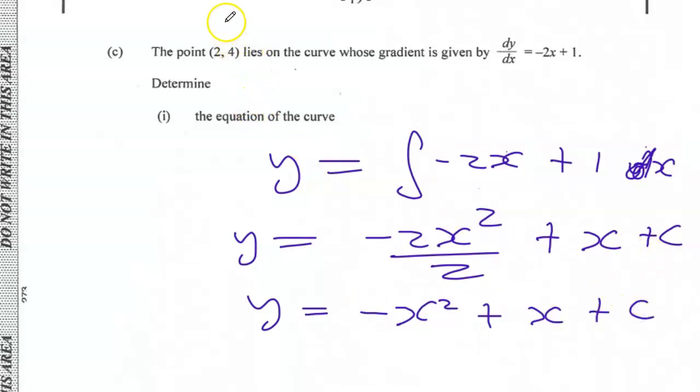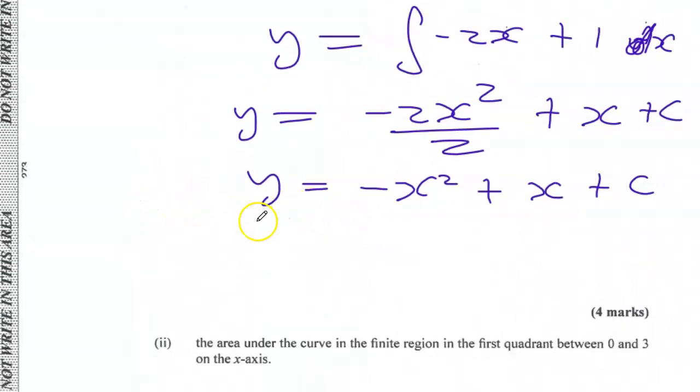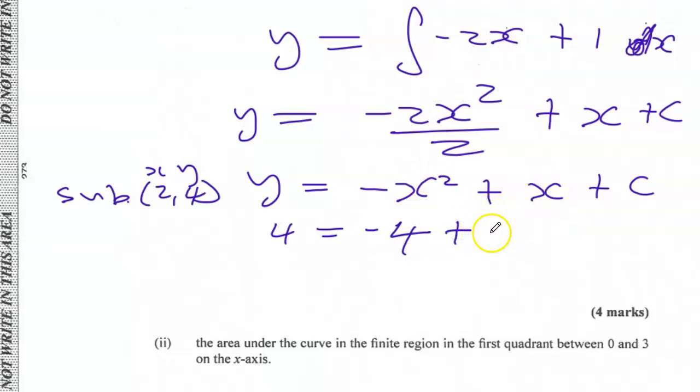We are told the point passes through (2, 4), so we substitute 2 for the x and 4 for the y. So 4 equals minus 2 squared, which is minus 4, plus, replacing x with 2, plus c.